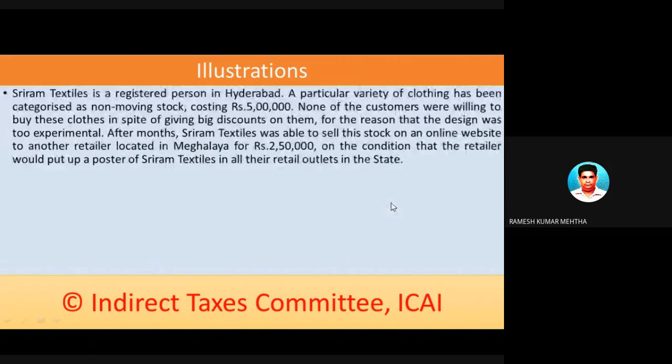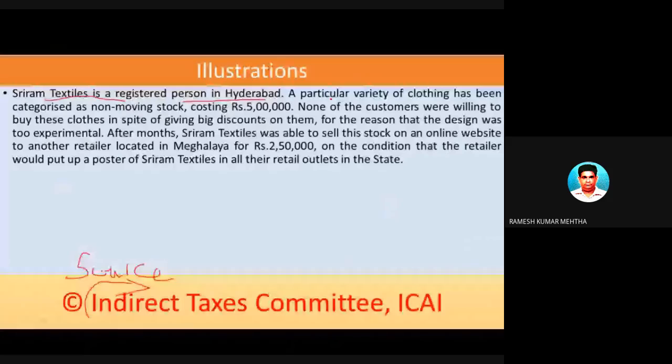Next, let's take another example. Shriram Textiles, a registered person in Hyderabad, has a particular variety of clothing categorized as non-moving. This example is again extracted from the Indirect Taxes Committee of ICAI. They were dealing in a particular product which was not moving, and they were not able to sell it.